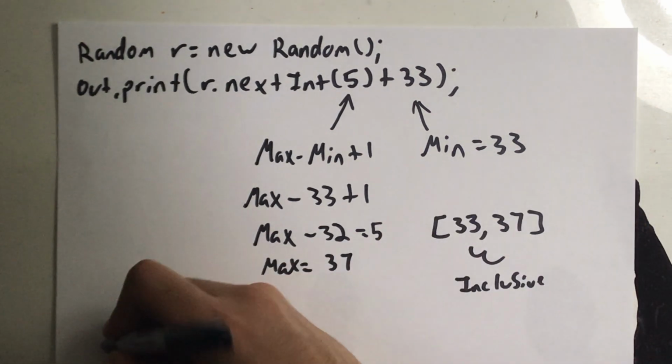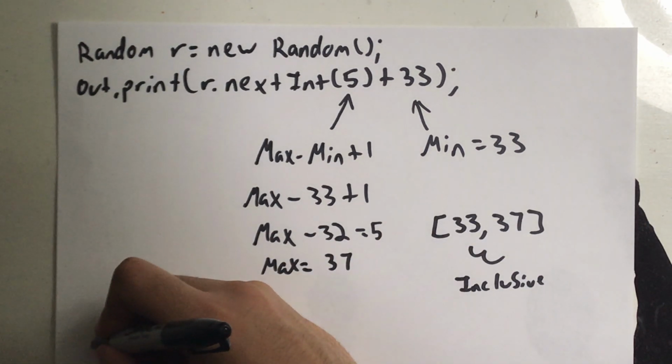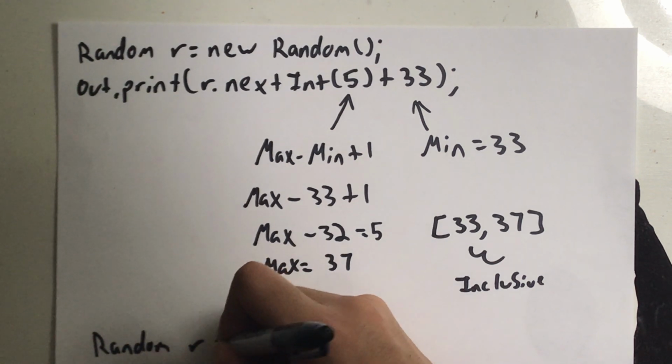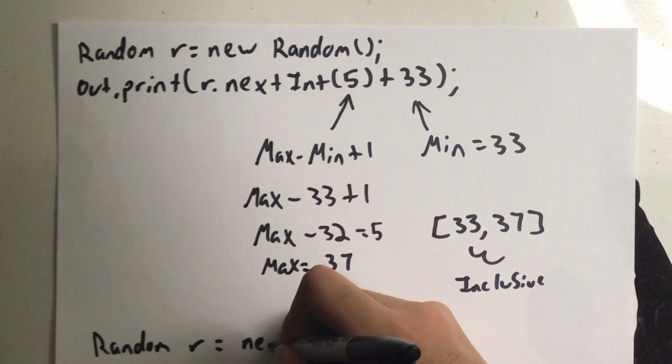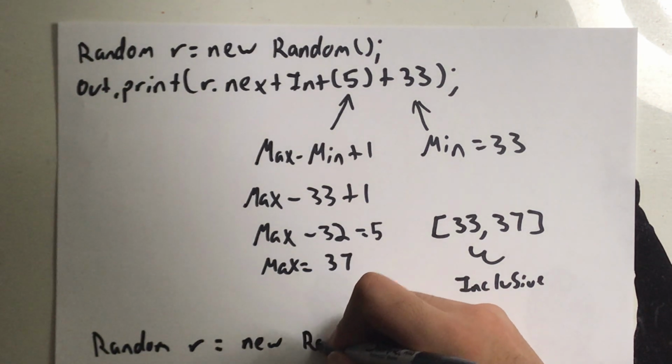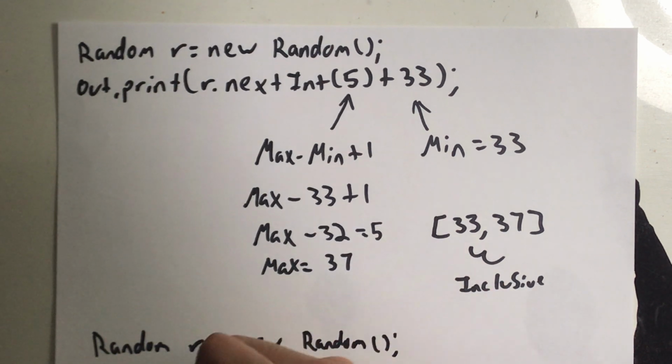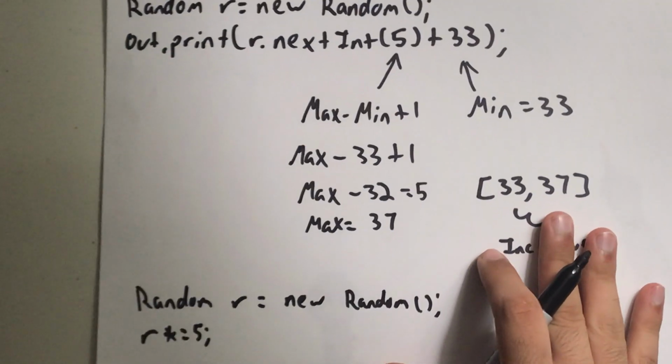Well, if you had Random r equals new Random, and you get r times equals 5. I don't even know if I'm doing this right.